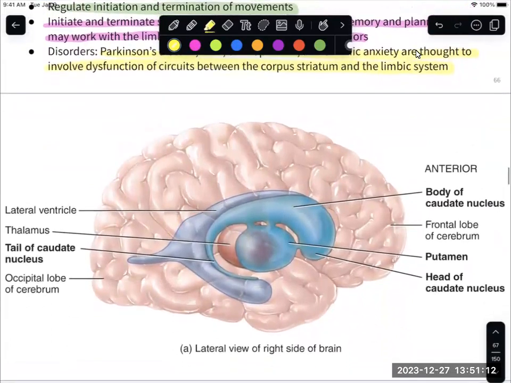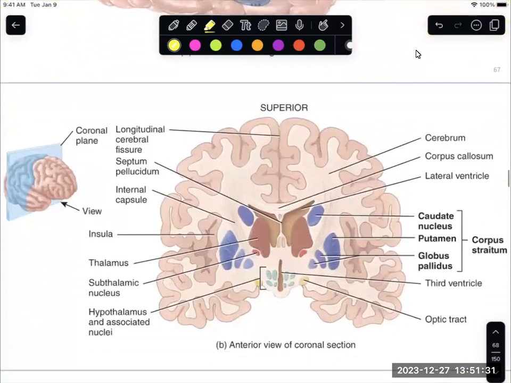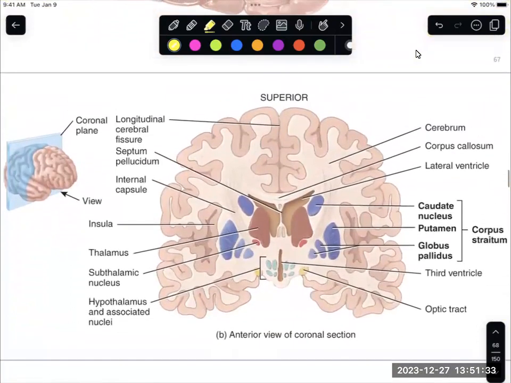So here you can see that caudate nucleus, the putamen, the body of that caudate nucleus coming up and around, even the tail of that caudate nucleus, the thalamus found in the middle between it all. This is all areas that are making up this corpus striatum. You can also see it if we slice the brain a different direction and then we highlight the different nuclei.